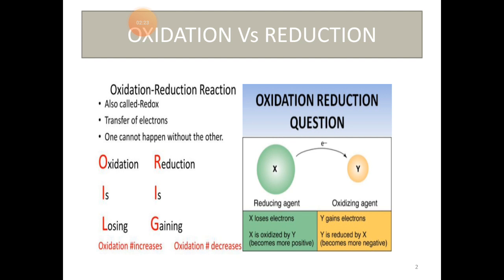So you can understand this question through that very example. X being the reducing agent loses electron, Y being the oxidizing agent gains electron, X is oxidized by Y, Y is reduced by X. So the simple example of NaCl can take us there.